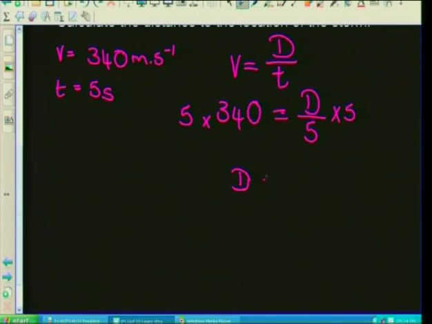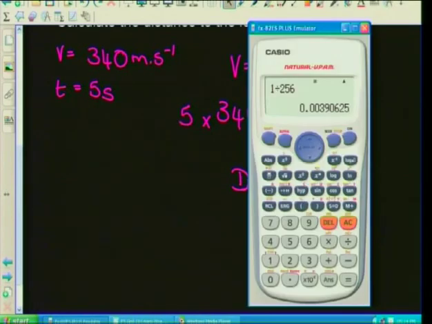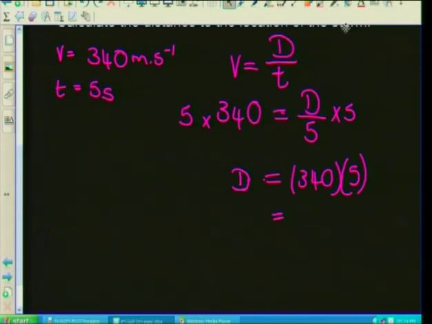So distance equals 340 times 5. We get 1,700. That means it's 1,700 meters away from you.